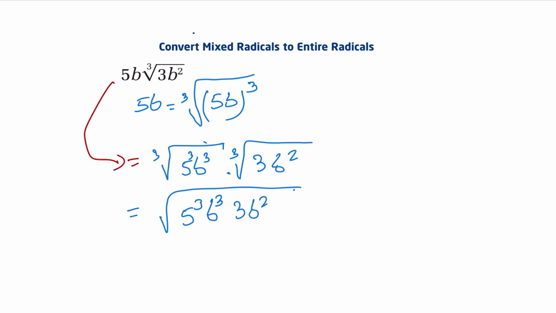And now we have b to the power of 3 and b squared, and you know that b squared times b to the power of 3 is equal to b to the power of 2 plus 3. So this will give you 5 to the power of 3 times 3 times b to the power of 5.